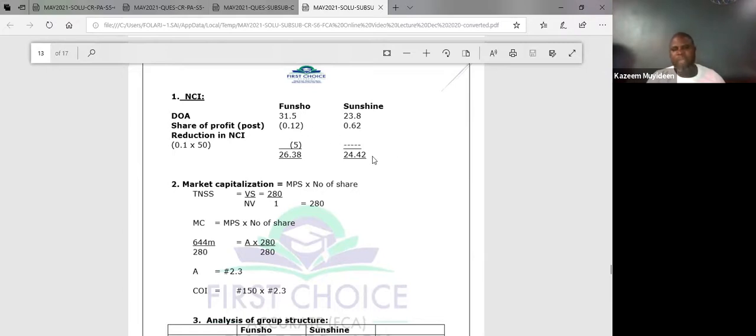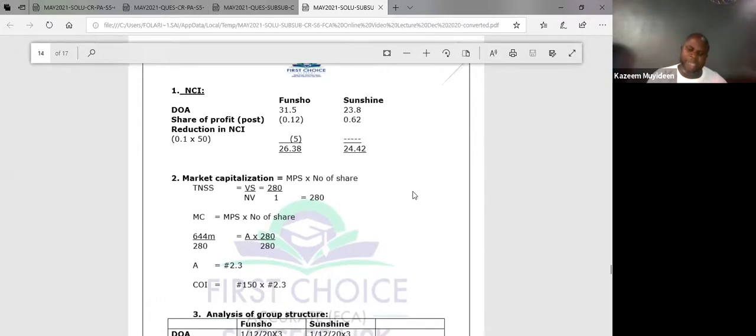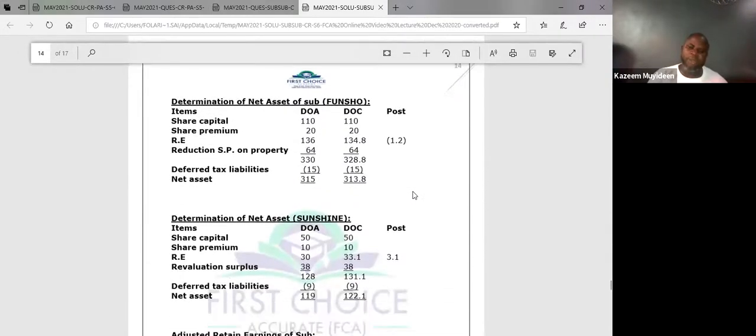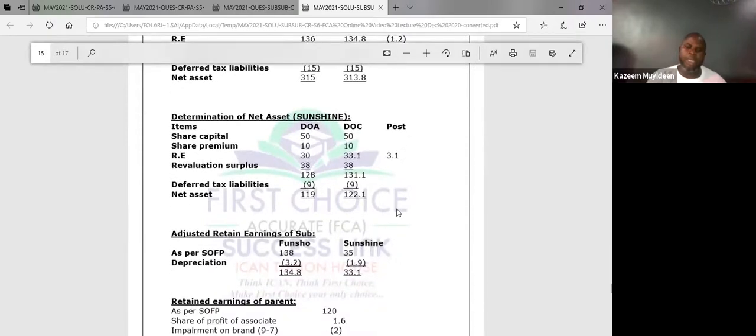Then in Sunshine, I can do the same thing. How do I go about doing the same thing in Sunshine? It's very simple. Adjusted retained earnings of Sunshine, 35 minus 33.31.